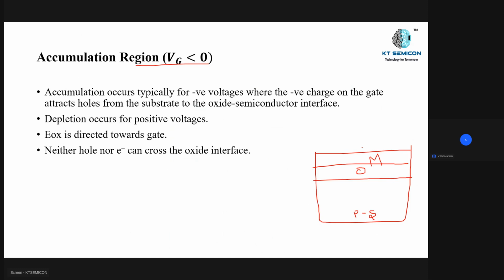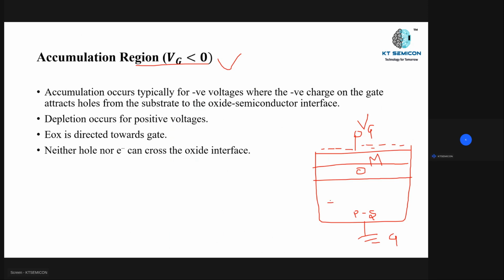Here this is the gate voltage VG, and here we are connecting the substrate to ground. Now at the gate we are applying some negative voltage, understand? So at the gate we are applying some negative voltage.